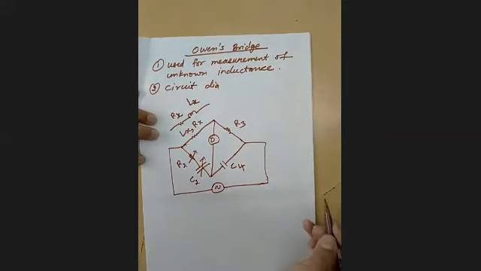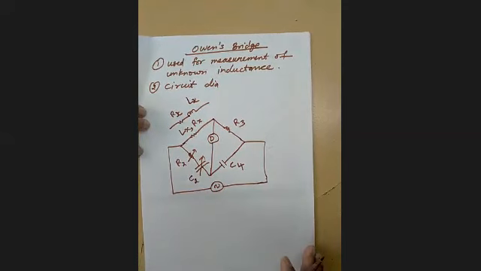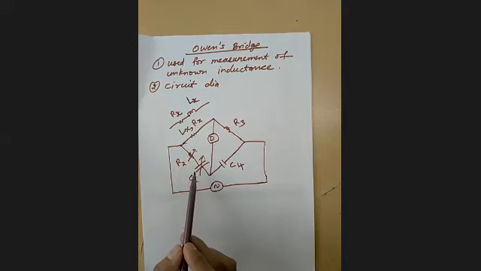So this is the setup of the bridge. By varying the value of R2 and C2, the balance condition can be achieved. So apply the balance condition.